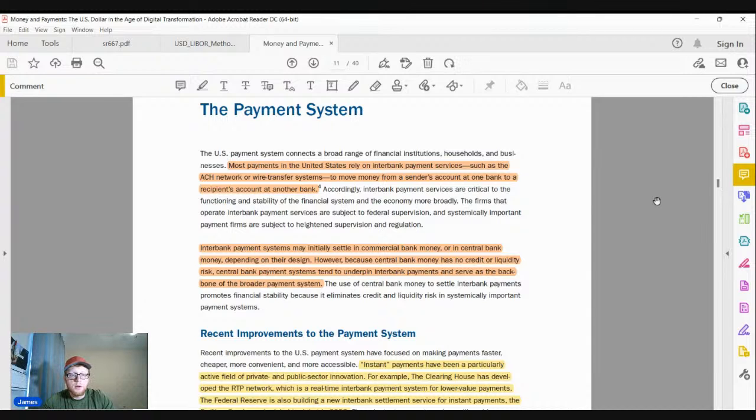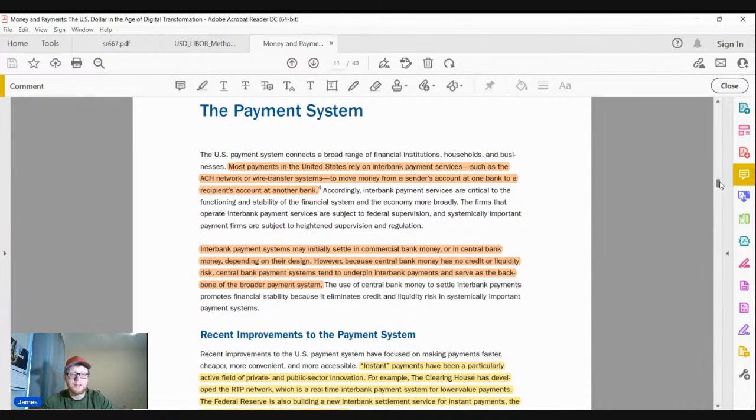So most payments in the United States rely on interbank payment systems such as the ACH network or wire transfer systems to move money from a sender's account at one bank to a recipient's account at another bank, right? And so ACH deals with clearinghouses, or wire transfers and stuff like that.